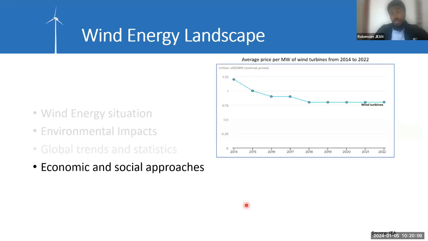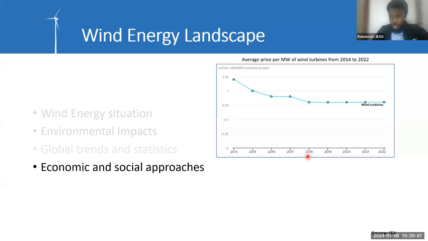And if we take an economic approach, which will obviously have a social impact, we can see that the average price of wind turbines is decreasing. So this technology is getting more accessible and more affordable. Obviously the wind electricity share will increase as the technology price gets lower.